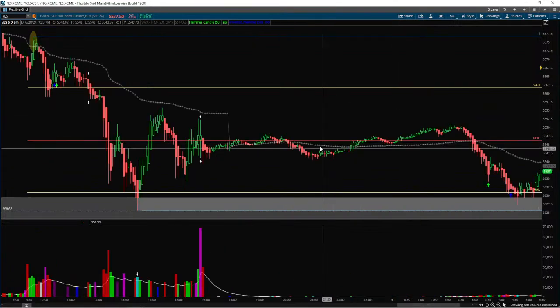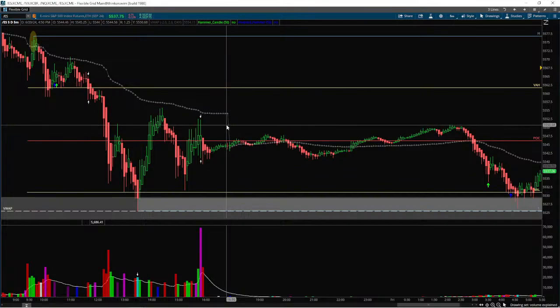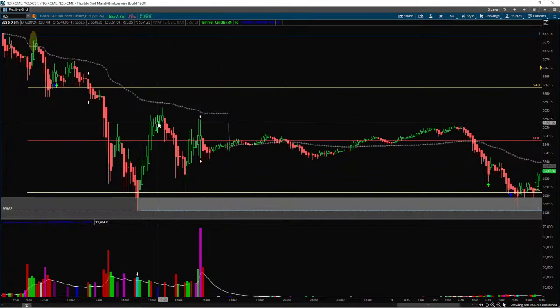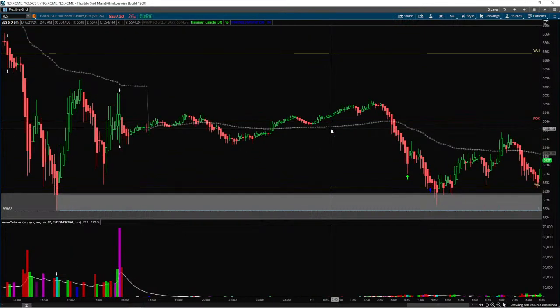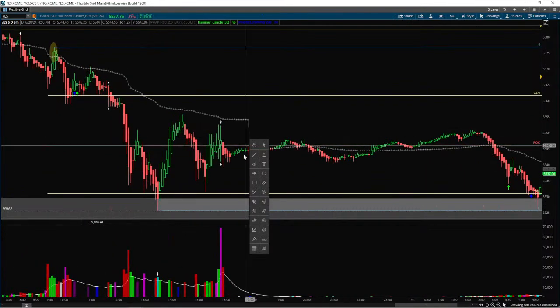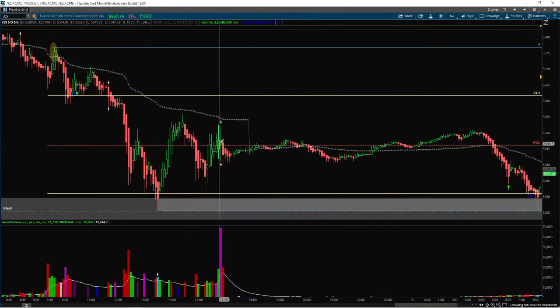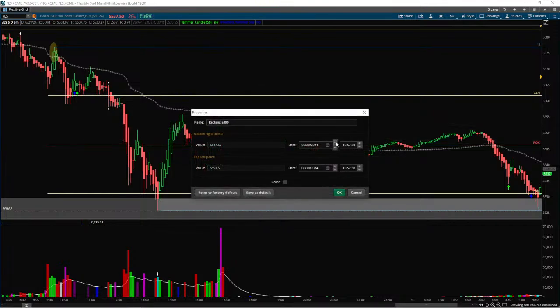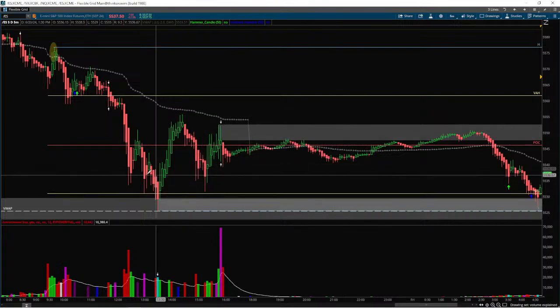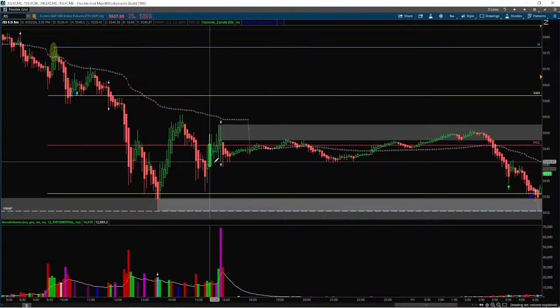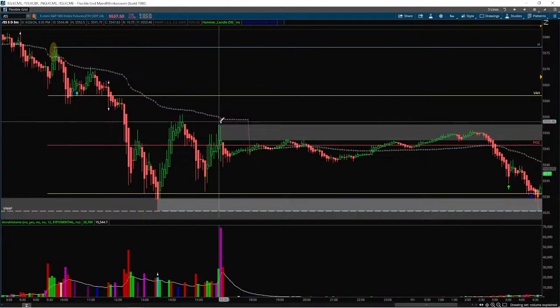How did we move around this? Kind of held it, right? I'm gonna mark just the top part of it. Apparently, price doesn't really want to go above it. Let's get rid of that.